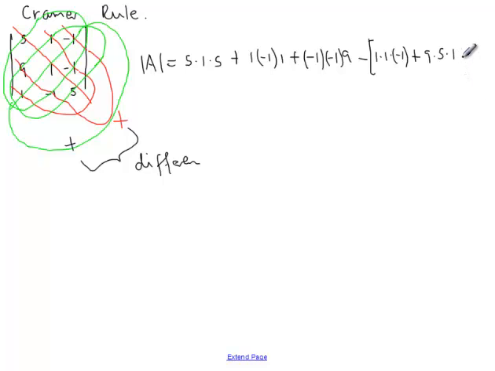Then plus 5, or this 5 now, ne? 5 minus 1 minus 1. So minus 1 minus 1. I'll cheat there and write 5 there, multiplying that, because I don't have space to write that side.